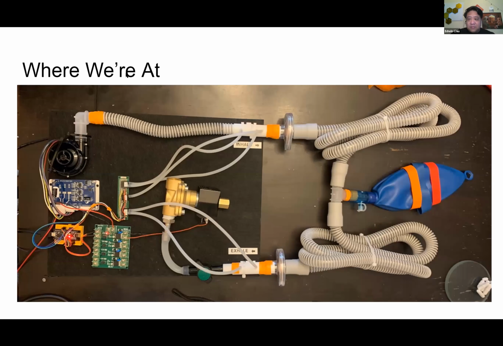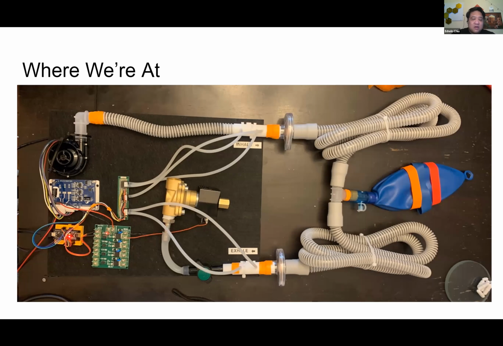Okay, so this picture here is where we're at right now. This is our hardware prototype sitting on my dinner table. Every major component of the ventilator is represented in the prototype, with the exception of the mixing chamber for oxygen and the humidifier.